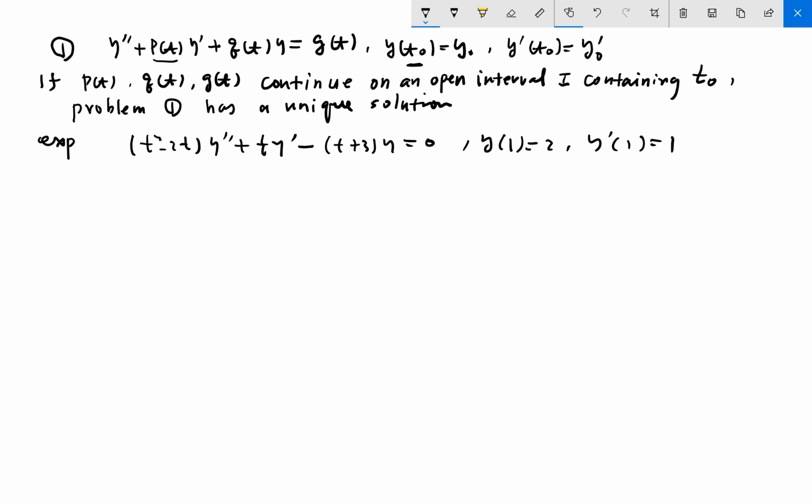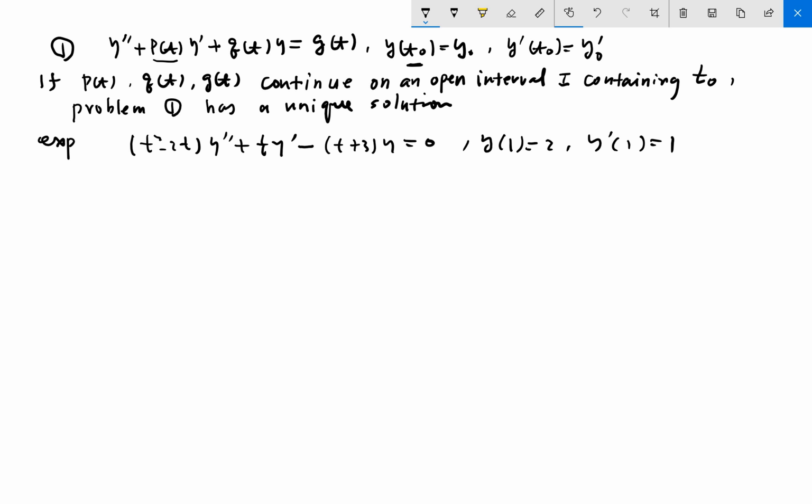For this problem, we want to find the longest interval on which this problem has only one solution. So as we just stated, what do we need to find? First, we need to find p, q, and g.